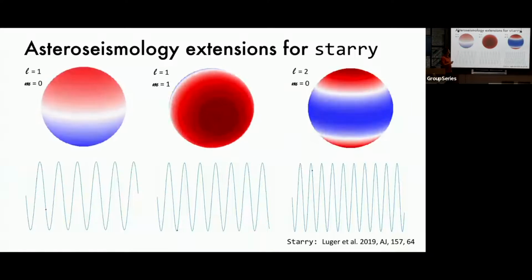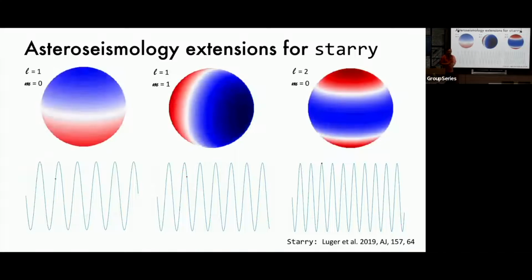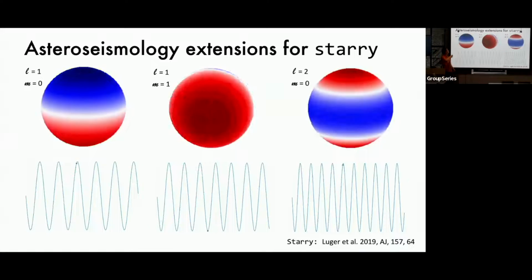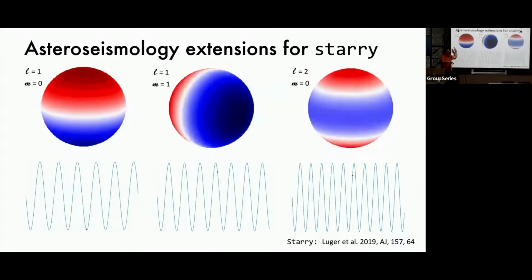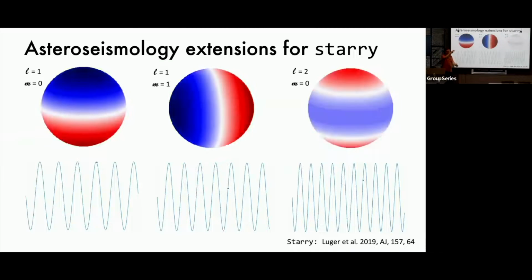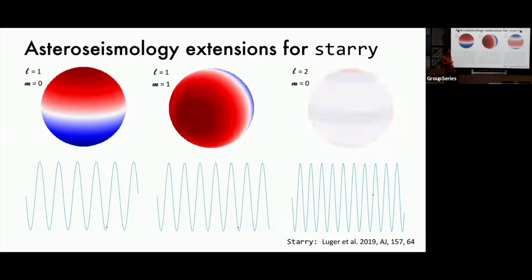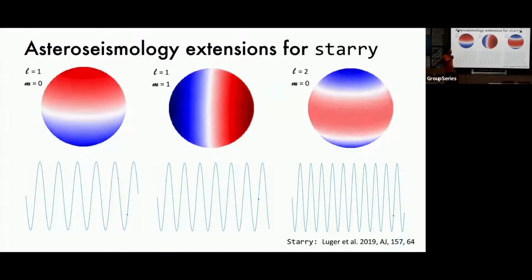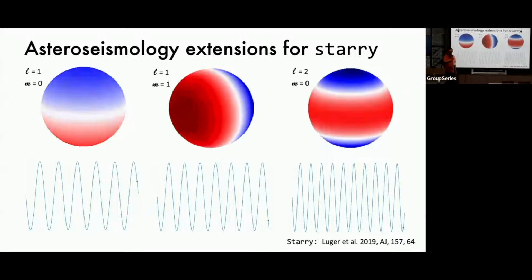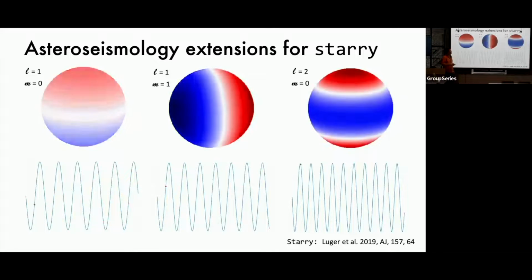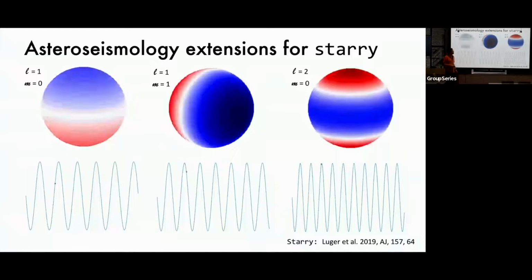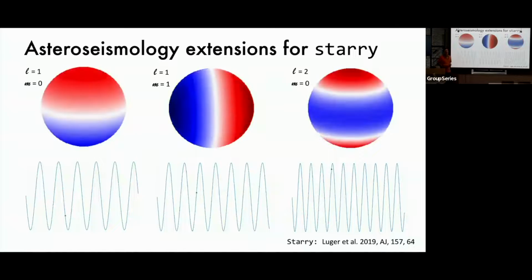L is 1 means the surface gets split into 2 different sectors, and these change with the M equals 0 mode. It changes whether the top half or the bottom half is hot at this particular point in time, whereas the M does not equal 0 modes represent traveling waves around the equator. And then this is an L equals 2 mode that has 2 nodes on the surface that split it up into different sectors.